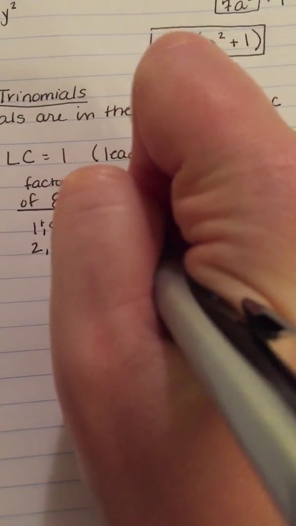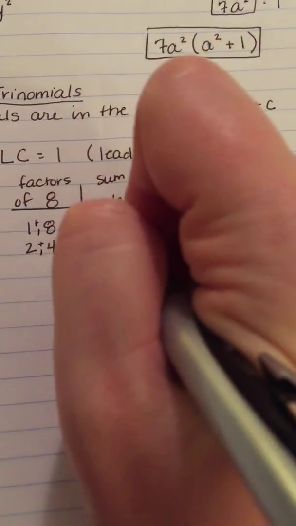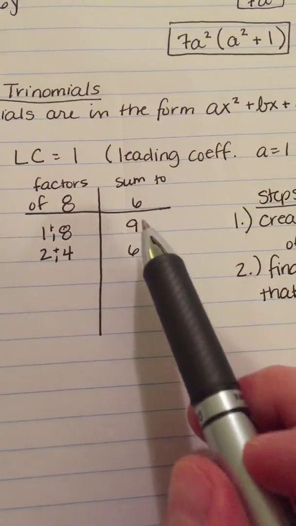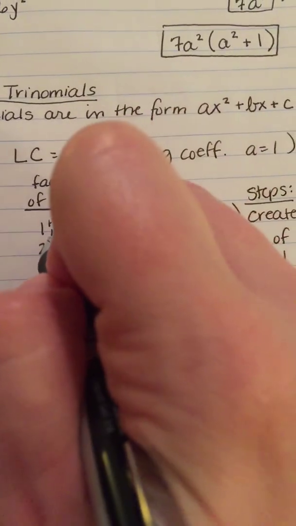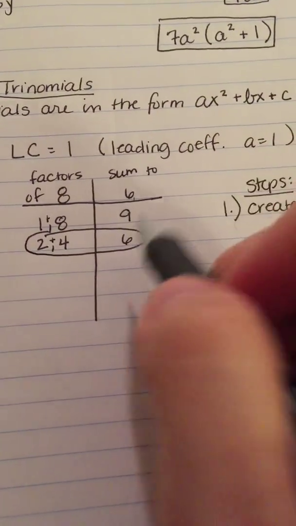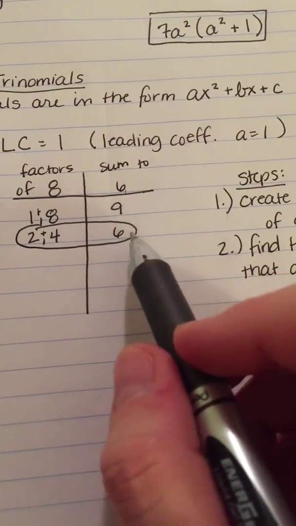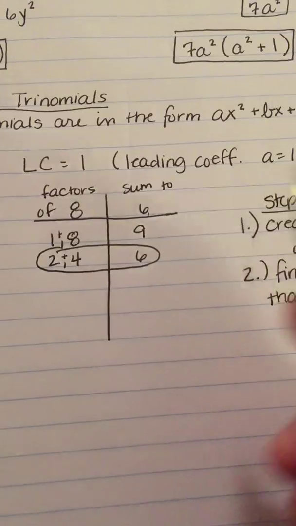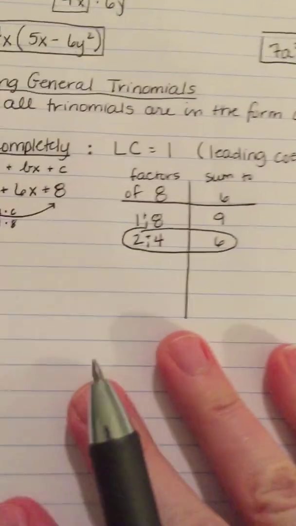Okay, so the factors of 8 that sum up to 6: I would think to myself, 1 plus 8 is 9, and 2 plus 4 is 6. So of these two, the 2 plus 4 sums up to that center term. It matches the 6. What I've got right here are two major parts of my answer.